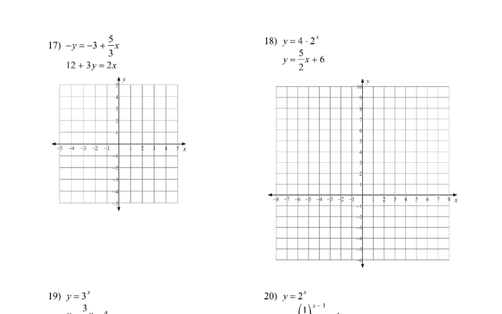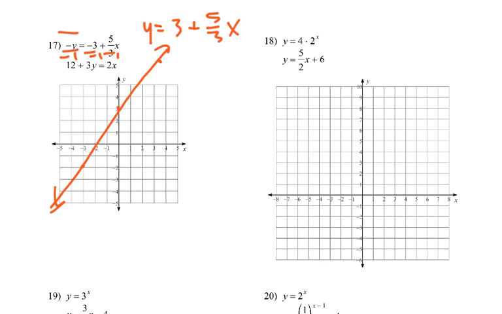Alright, you should have some time to work on these ones, so let's see what we'd come up with. So we divide by negative 1 on this one, giving us y equals positive 3 plus 5/3 x. So I go up to positive 3. Then we're going to go up 5 to the right 3, about there, or down 5 to the left 3. Okay, then the second problem.